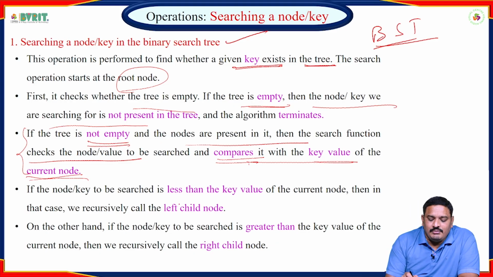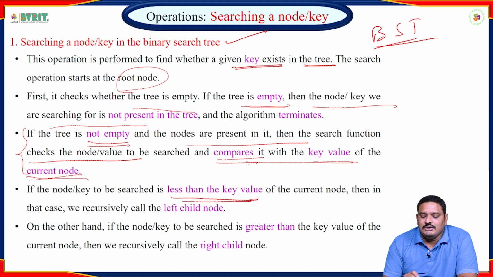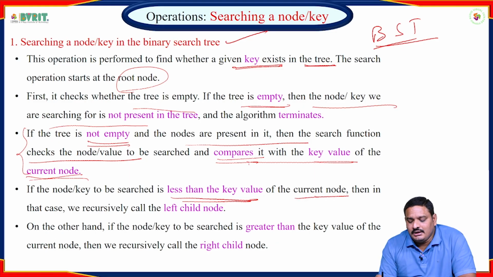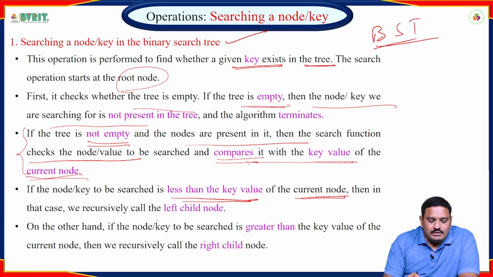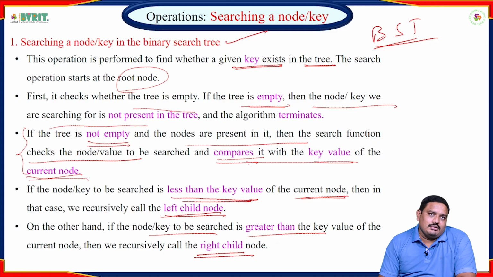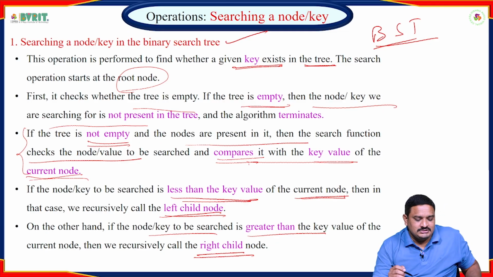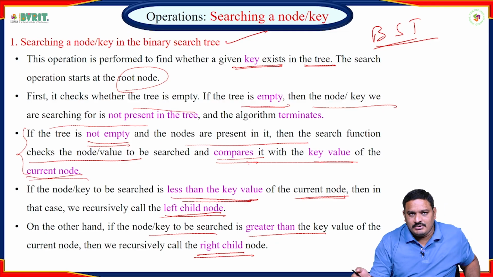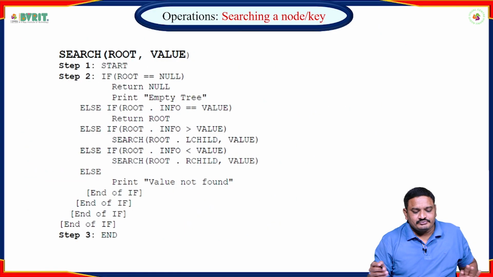If the key to be searched is less than the key value of the current node, then we go to the left child node. If the key to be searched is greater than the key value of the current node, we go to the right child. See these points in the upcoming example; it will be clearly understood.